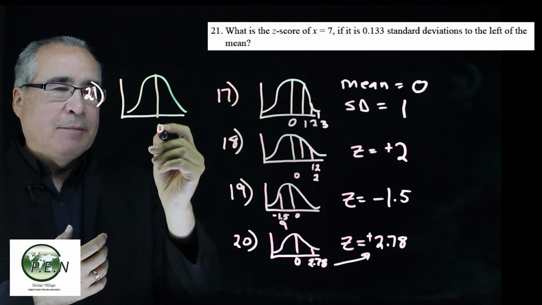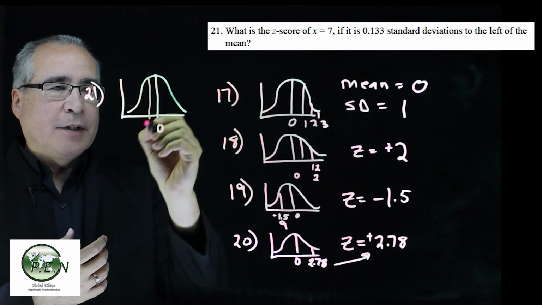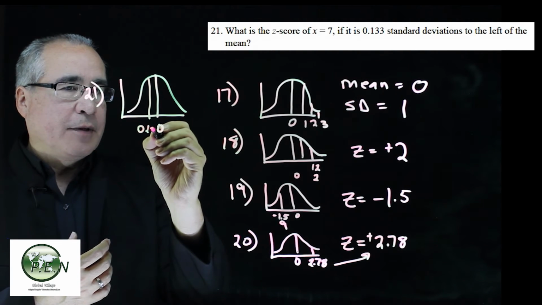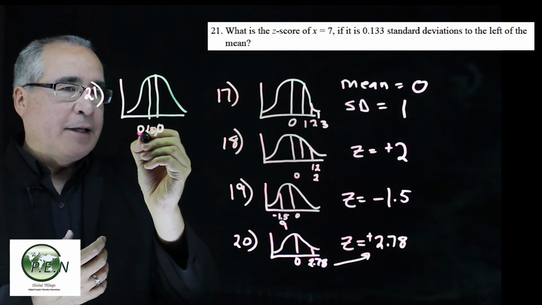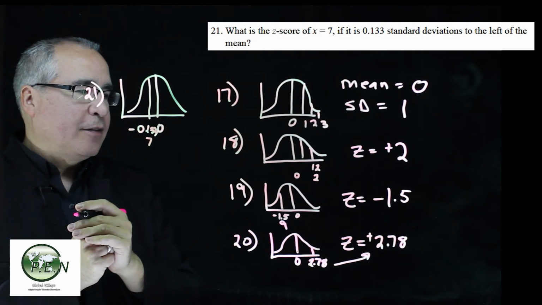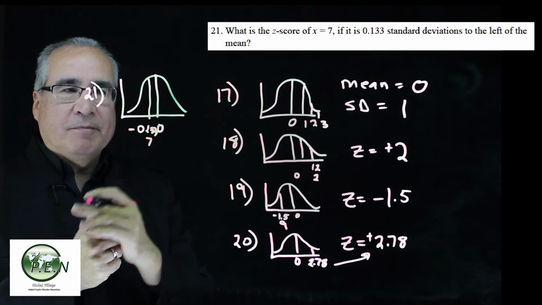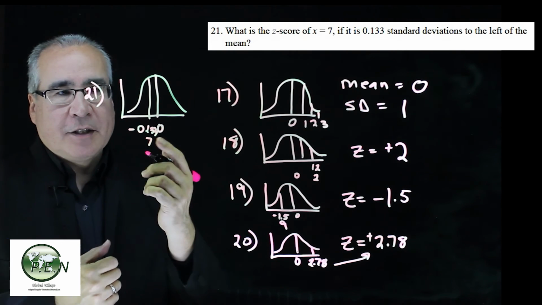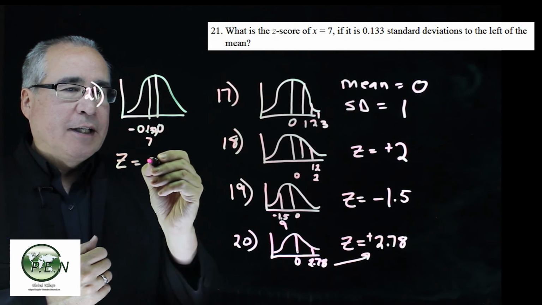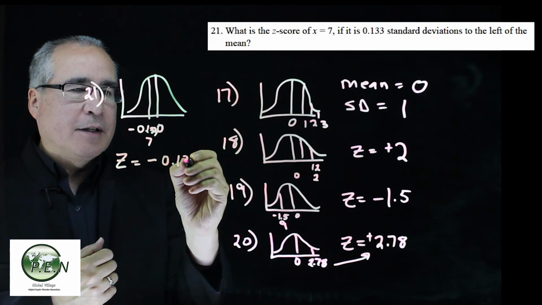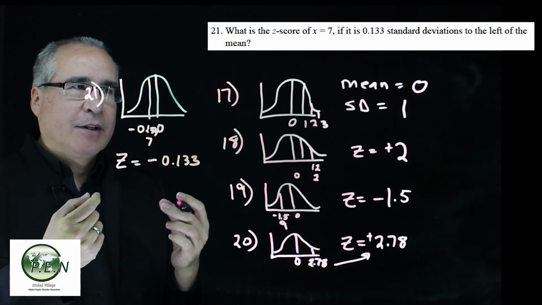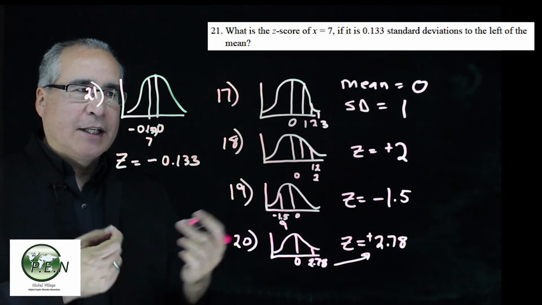Here is our mean, and somewhere over here at 0.133 to the left, that makes it negative. That's where we're at. That's where 7 resides. So it gives us an indication of what the mean might be. It's going to be a little bit more than 7, right? But it certainly tells us that the z-score is negative 0.133. And that's how we use number of standard deviations to get a z-score.